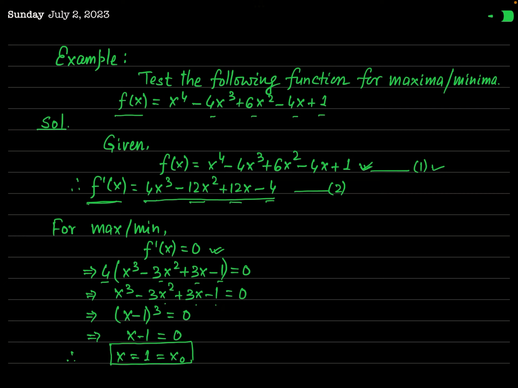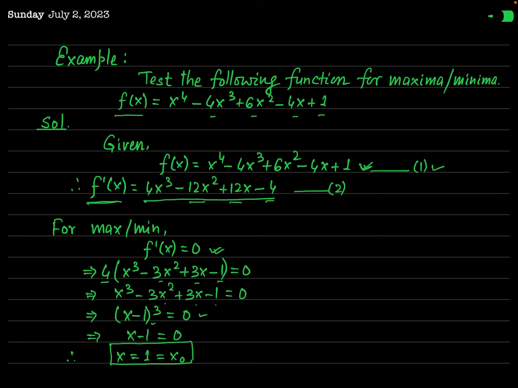And see this expression. This is simply x minus 1 to the power 3. This is x minus 1 whole cubed. Okay, and this is equal to 0. So you can say that x minus 1 is 0 and x is equal to 1. And this is the critical point. And you denote the critical point by the symbol x naught. So you can say we have obtained the value of x naught for this function, which is equal to 1.